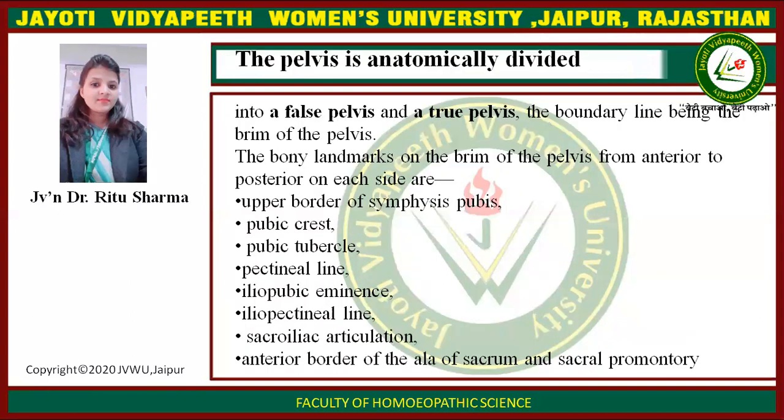The pelvis is anatomically divided into a false pelvis and a true pelvis. The boundary line is the brim of the pelvis. The bony landmarks on the brim of the pelvis from anterior to posterior on each side are: upper border of symphysis pubis, pubic crest, pubic tubercle, the pectineal line, iliopubic eminence, iliopectineal line, sacroiliac articulation, anterior border of ala of sacrum, and sacral promontory.